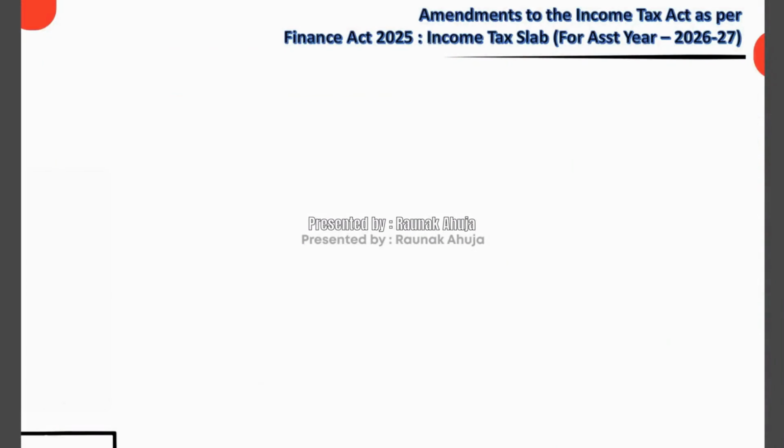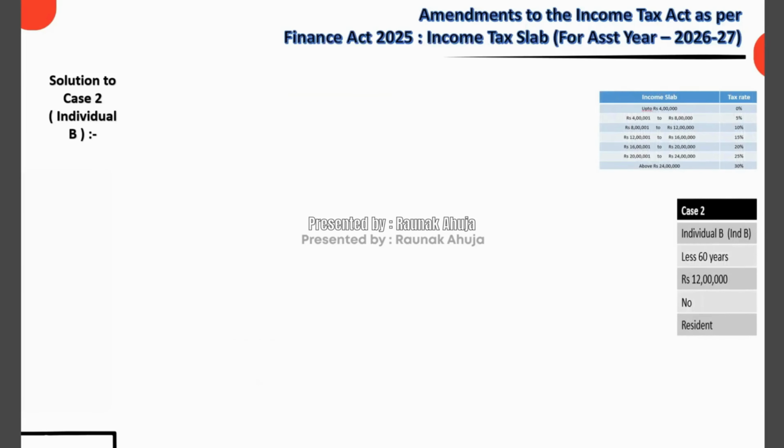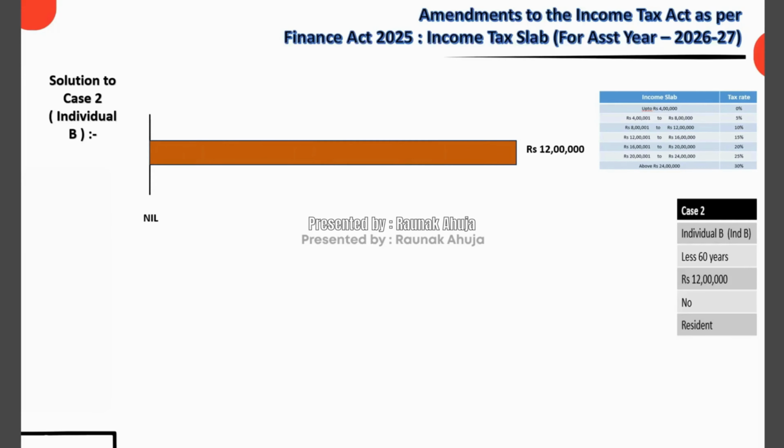Now, second case. In second case, the individual is less than 60 years, the income is 12 lakhs, and he's still a resident. So let's plot the entire taxable income, which is 12 lakhs. Now let's check the income tax slab. Up to rupees 4 lakhs, 0%.